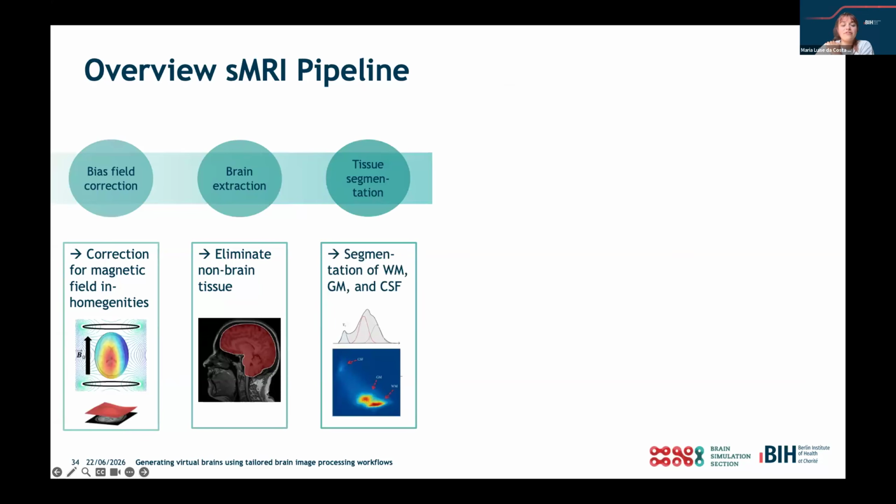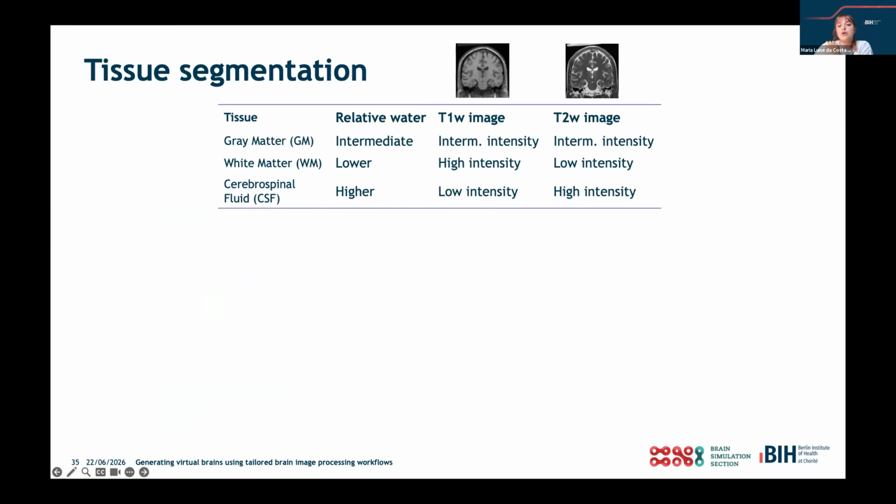Perfect. Now we can finally start with our segmentation of different tissue types. I already talked about those two different signals, the T1 and the T2 signal, and those two different signals, of course, also transform to two different MR images. As an example, I talk about CSF.